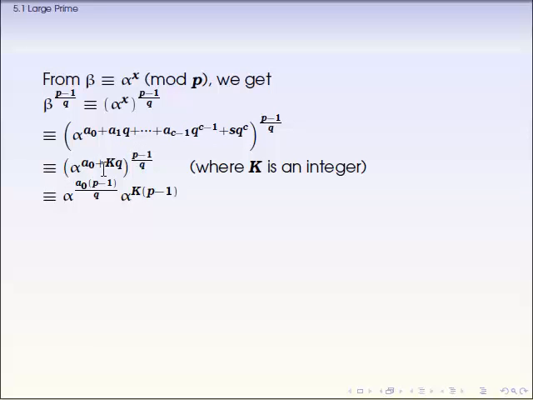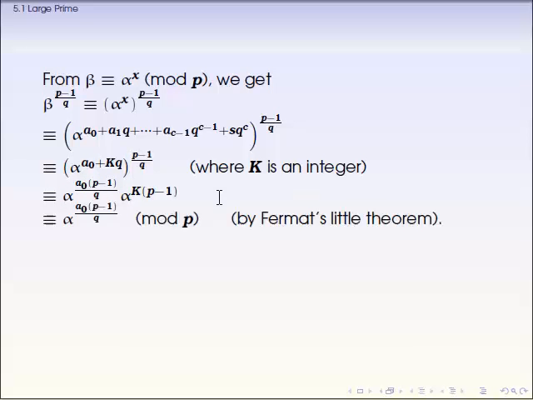Then we can separate alpha to the a0 plus kq into alpha to the a0 times alpha to the kq, and put this power on both. Then this whole thing changes to the product of these two terms. And from Fermat's little theorem, or its extension, Euler's theorem, alpha to the p minus 1 is congruent to 1 modulo p.